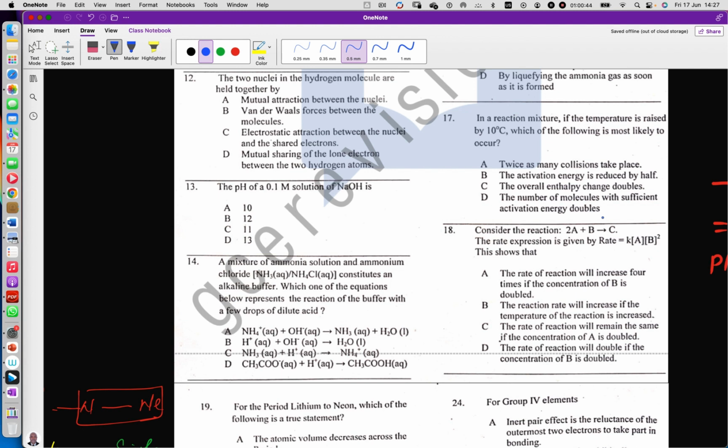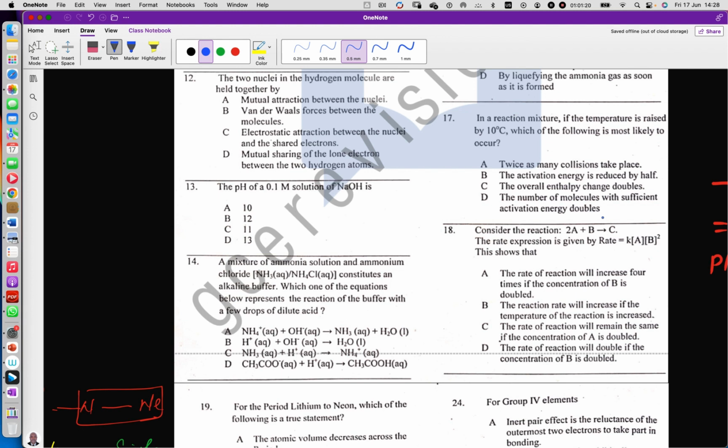I said when there is an increase in temperature by 10 degrees Celsius, there is going to be an increase in the kinetic energy of the reacting particles. Now there is an increase in energy. The number of molecules with energy equal to or greater than the activation energy will increase, because the energy in the system has increased.